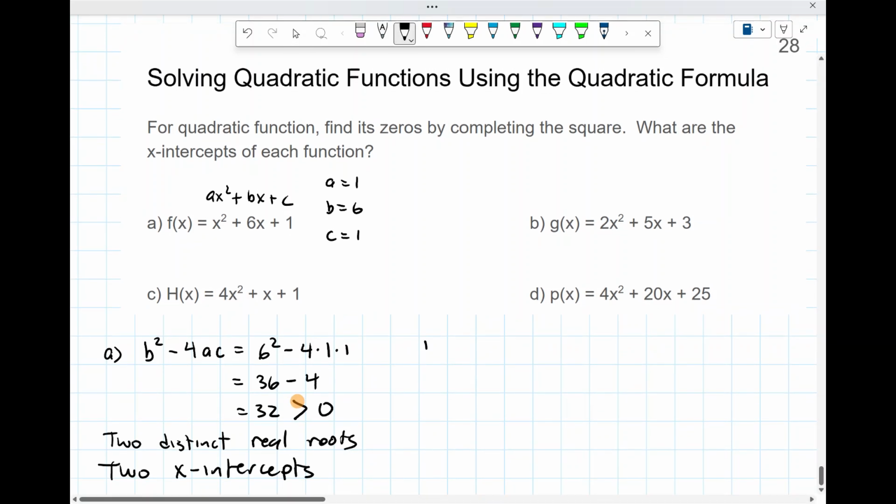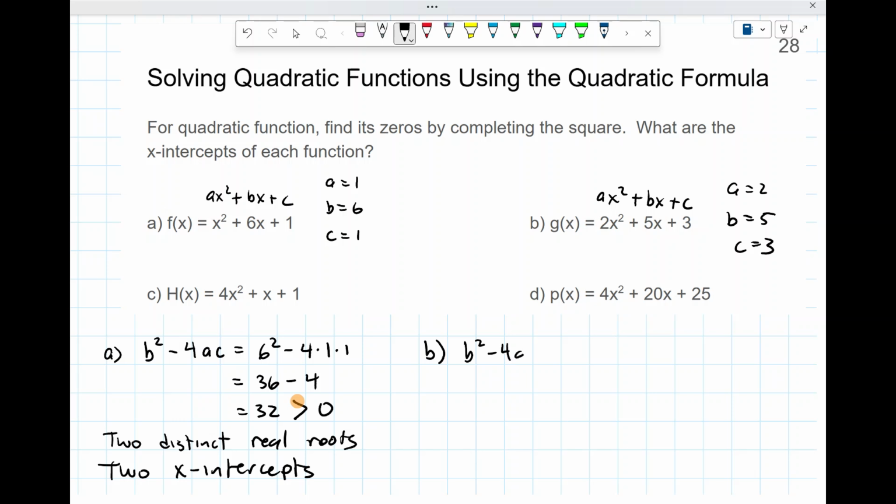Let's look at B. In this case, again, we have ax squared plus bx plus c. A is equal to 2, b is equal to 5, c is equal to 3. So b squared minus 4ac is equal to 5 squared minus 4 times 2 times 3.